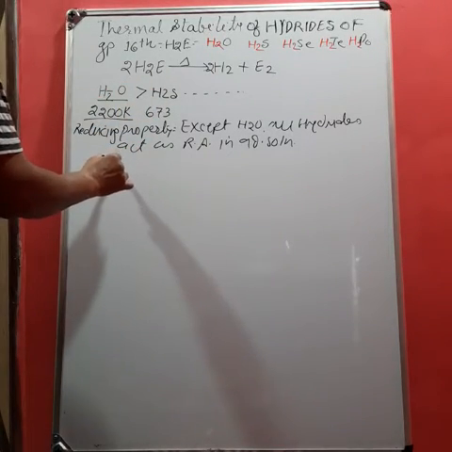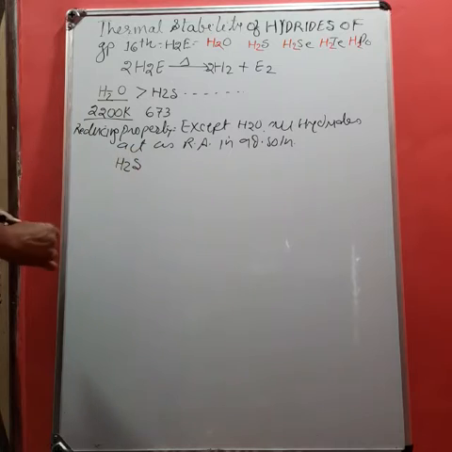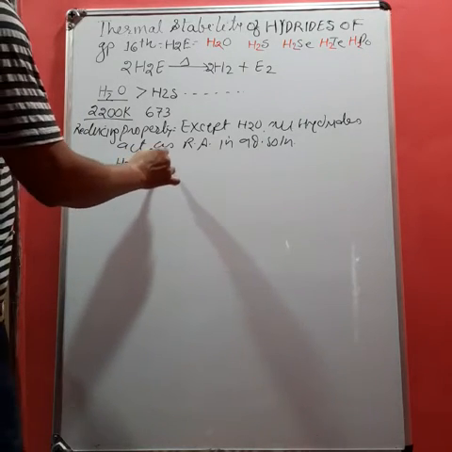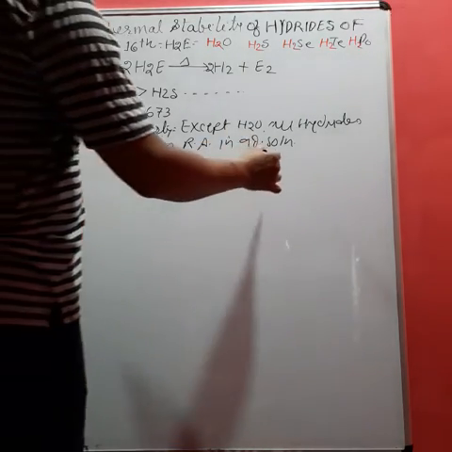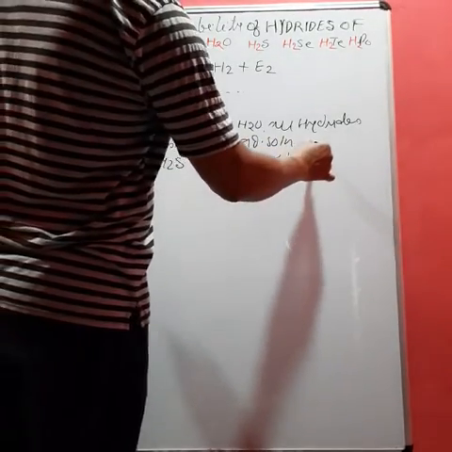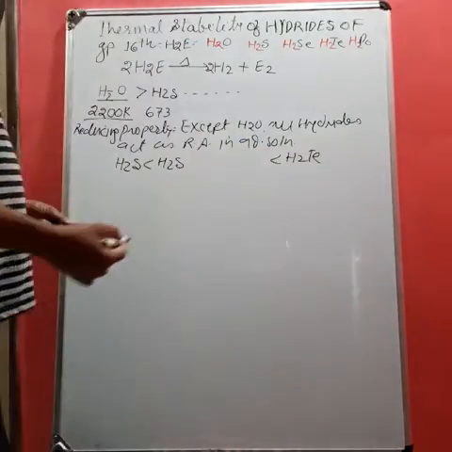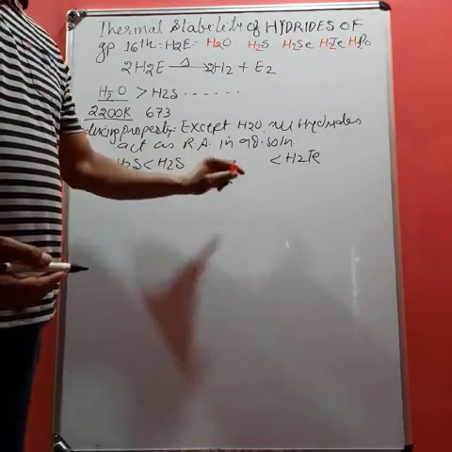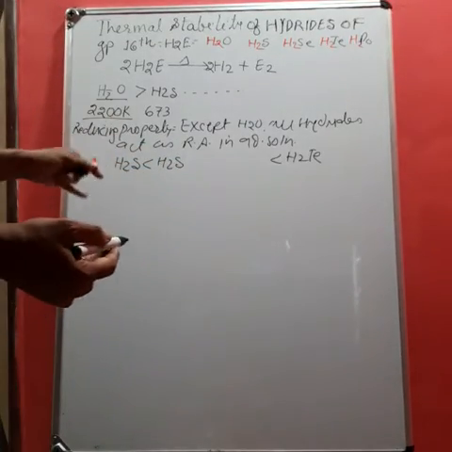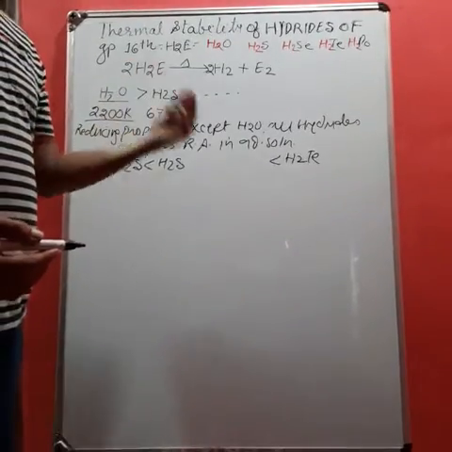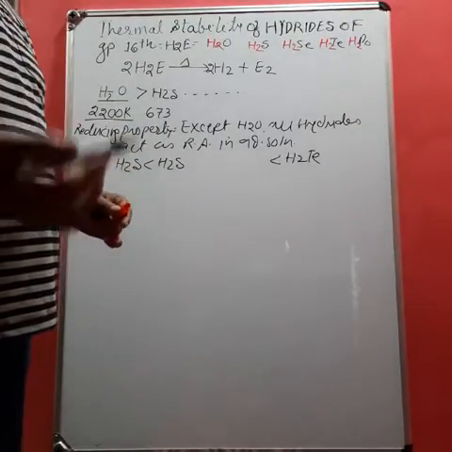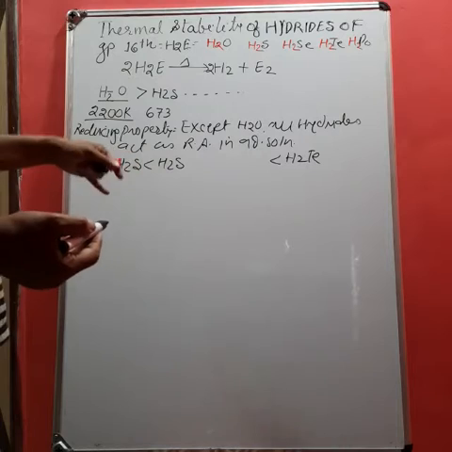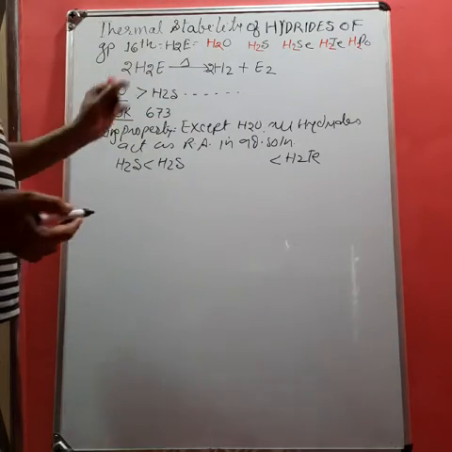So again we can say H2S is the weakest reducing agent, while you can directly write here that H2Te is the best reducing agent. Student, I am writing in short because these phenomena are already explained in the case of hydrides of 15th group. The notes are even the same.